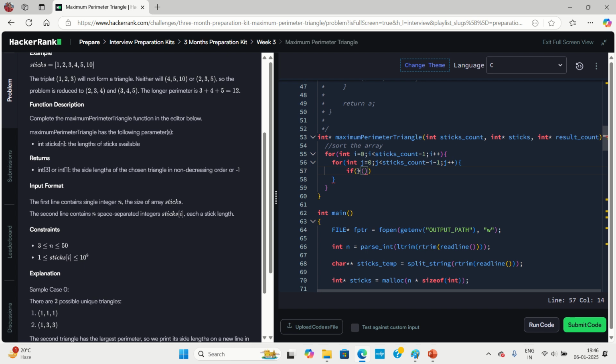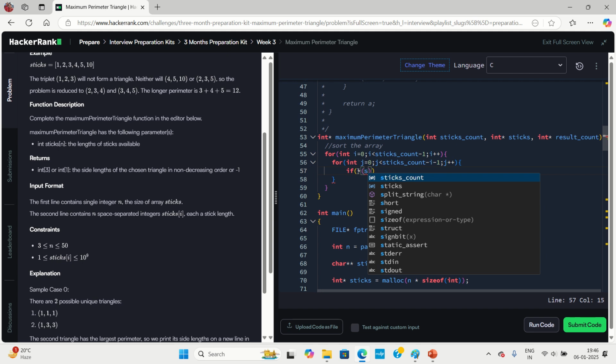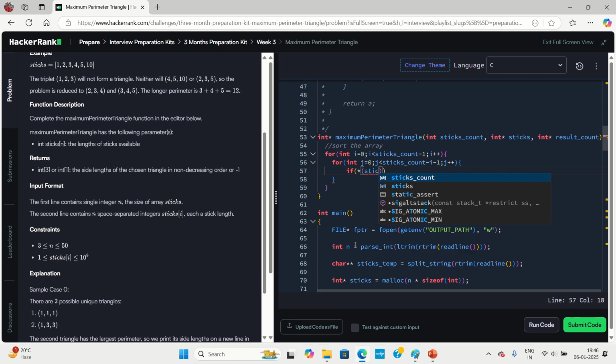Value at sticks. Sticks is allocated dynamically, malloc n into size of int.